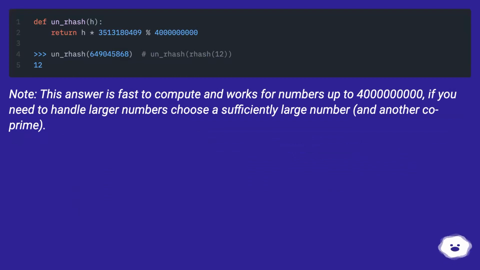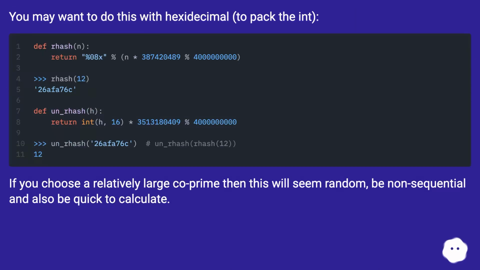Note, this answer is fast to compute and works for numbers up to 4 billion, if you need to handle larger numbers choose a sufficiently large number, and another coprime. You may want to do this with hexadecimal, to pack the int. If you choose a relatively large coprime, then this will seem random, be non-sequential and also be quick to calculate.